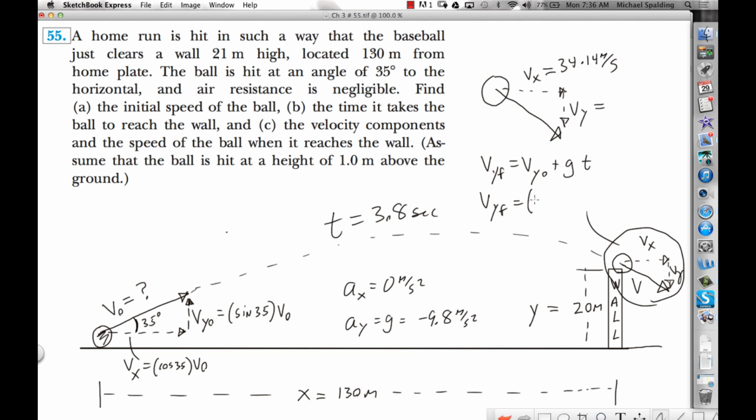Vy initial was 23.86 plus negative 9.8 times 3.8 seconds. I left the units off because I'm out of room. So Vy final comes out as negative 13.38 meters per second.